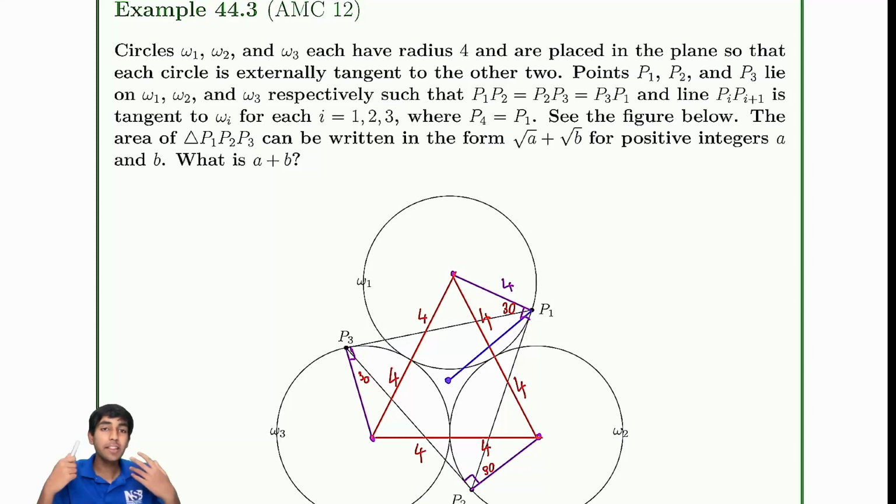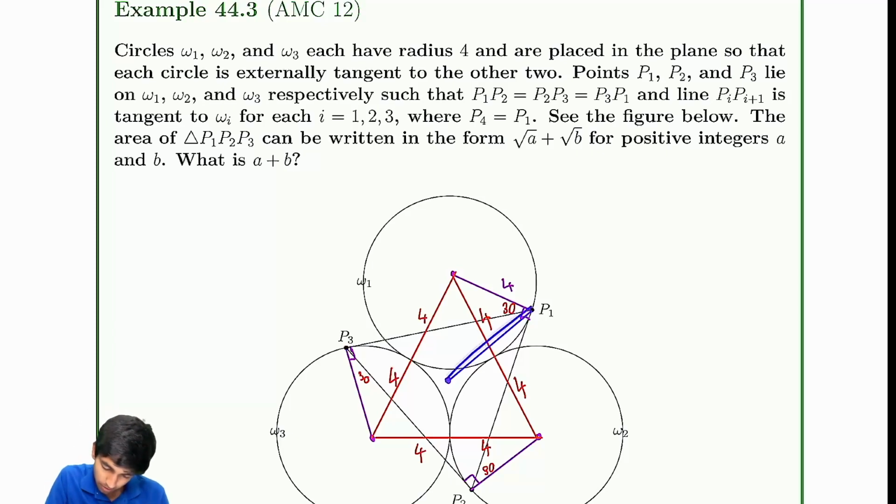You want to find the side length of the triangle, and there seems to be no easy way to do it directly. So maybe we look inside the triangle. This is the center of the equilateral triangle. If we can find this length, then we could find the side length. Why? 30, 60, 90s, right? This would be a 30, 60, 90 triangle. How do we find that blue length?